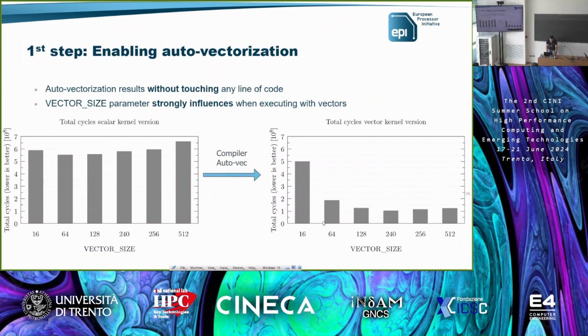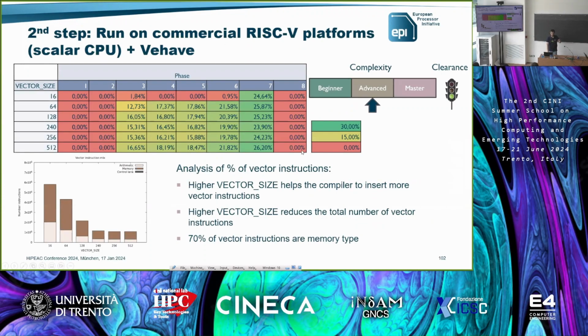Okay, so if I enable the auto-vectorization, I already have some speedup. So in principle, one could say we're done, we can go for lunch, right? But no, we have the phases, and we can study per phase how well these phases are vectorized. Here in a color code, we can see that phases 1, 2 and 8 have 0% of vector instructions. Somebody was saying that looking at the number of instructions is not really giving me feedback on performance.